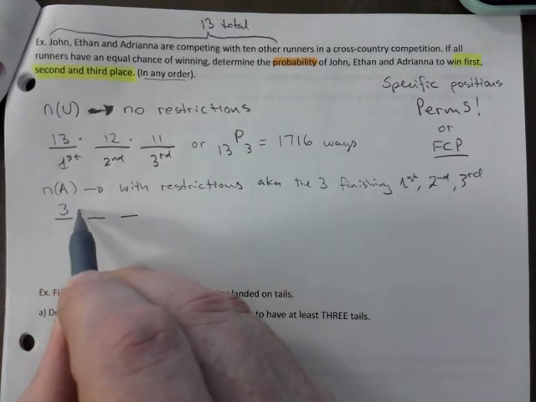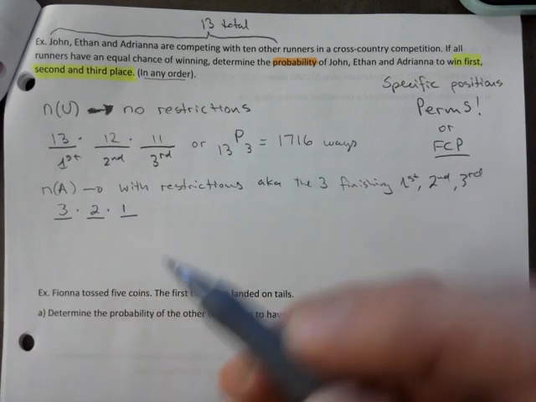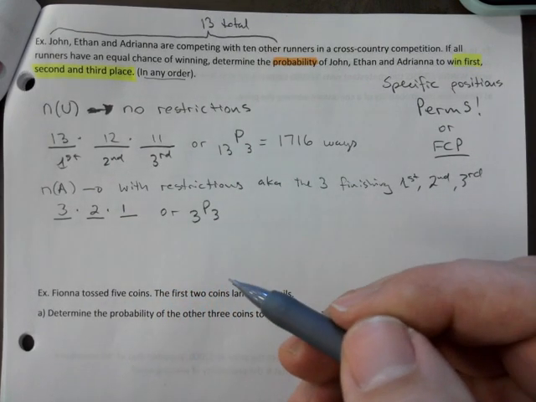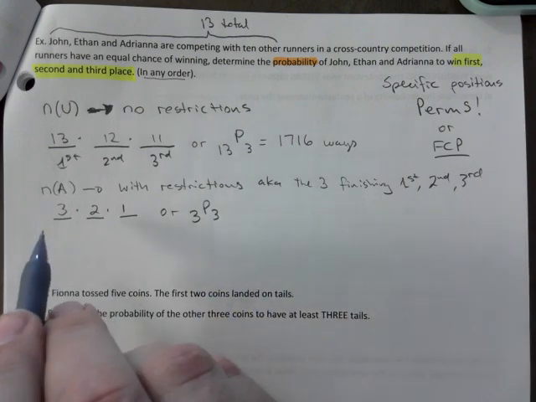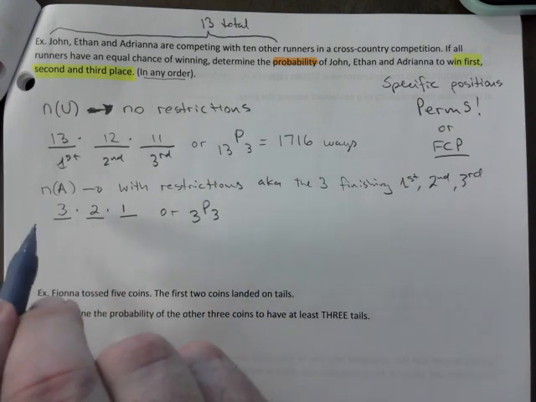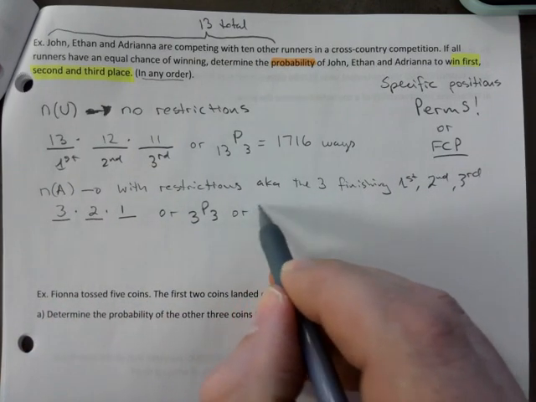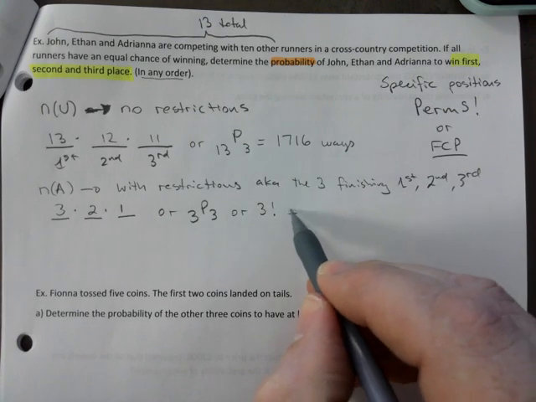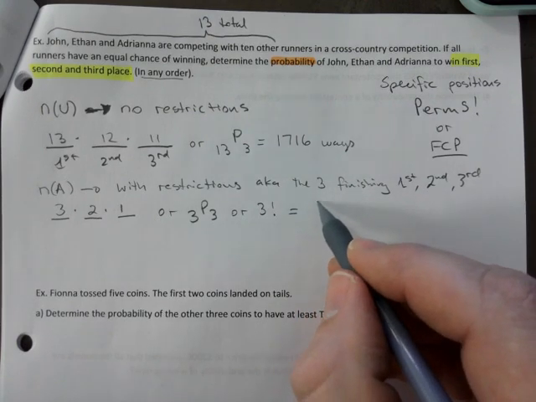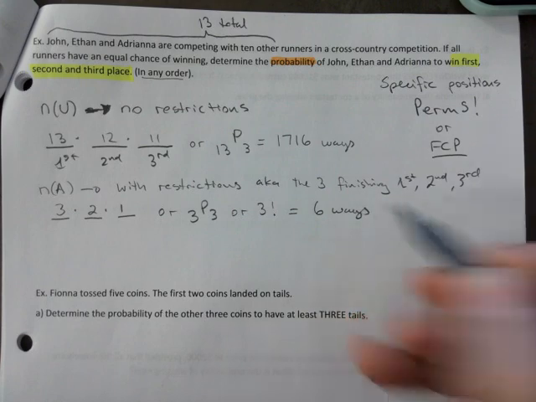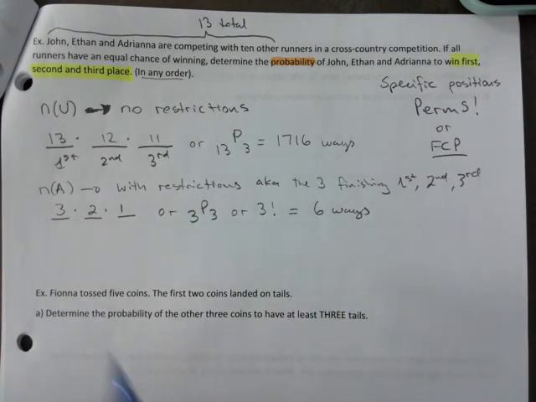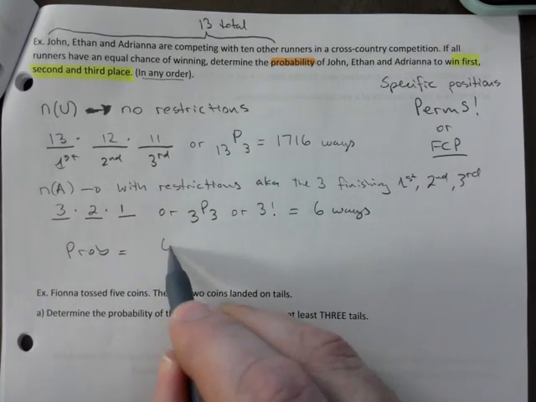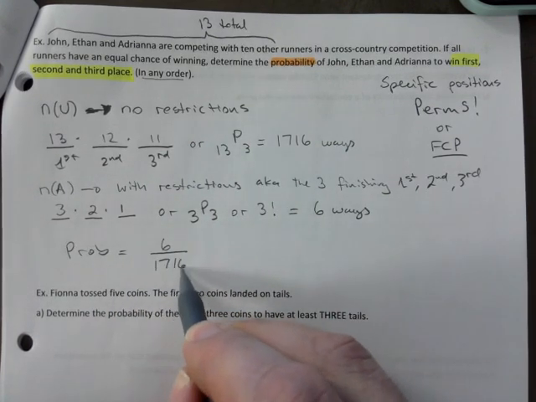I have only 3, then 2, then 1 to choose from. Or 3 pick 3. And in this case, because you have 3 elements and 3 spots, you could actually say 3 factorial as well. It's still okay. And that is 6 ways that those 3 could finish up front. Okay. So probability in this case would be 6 over 1716.